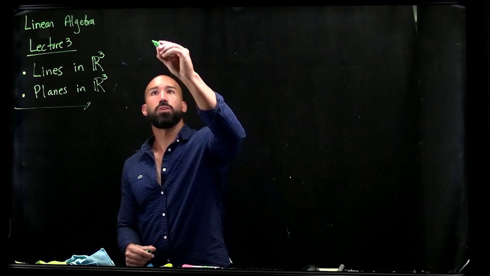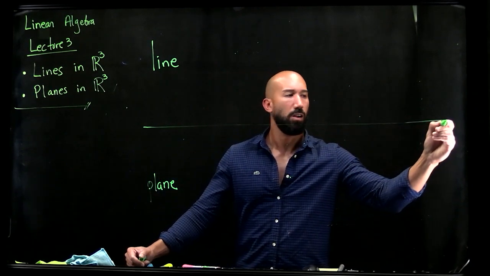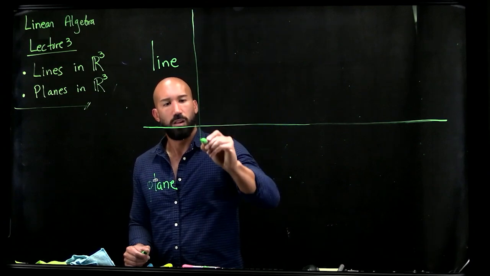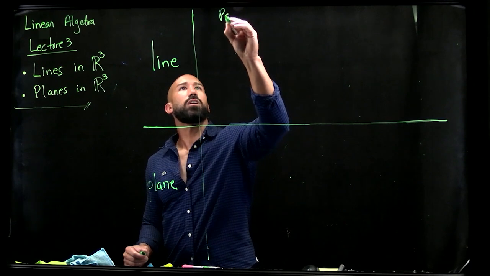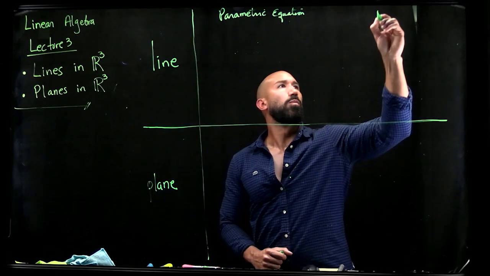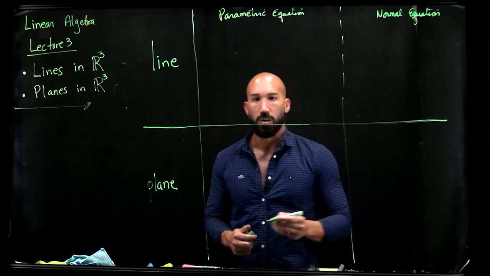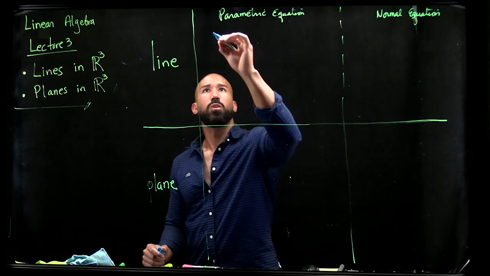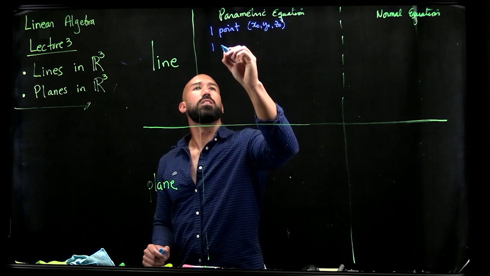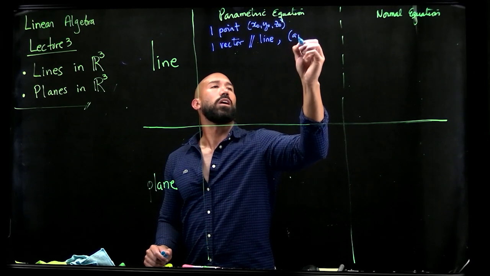Okay. So when we put line, plane, parametric equation, normal equation, and what we have for the line: 1 point (x0, y0, z0), 1 vector parallel to the line, let's say (A, B, C).